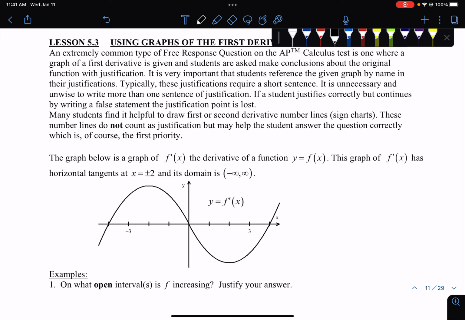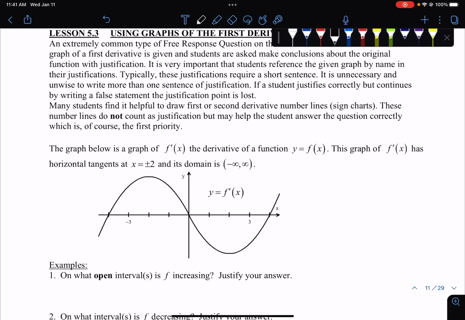Keep the answer simple. A lot of times people get that second or third sentence written down and they make one little mistake because they're trying so hard to show their thinking. And even though everything else is true, that one mistake makes the entire answer incorrect. All right, so we're going to try to keep this to one sentence justifications at all times.